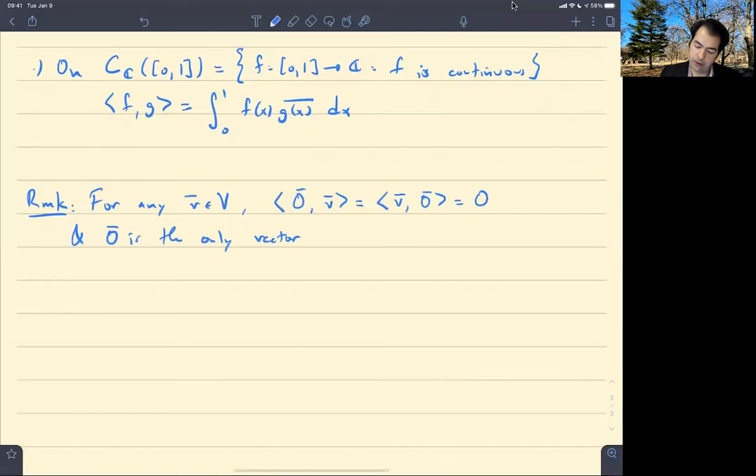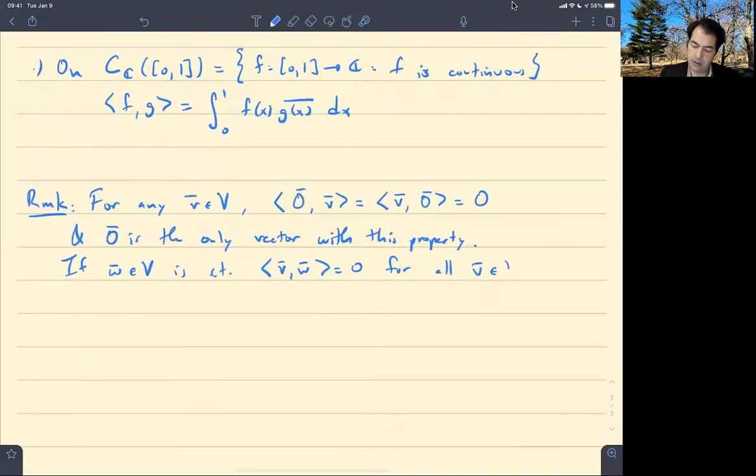So it's the only vector for which the inner product is always equal to 0. That's easy to see, because if w were a vector such that the inner product of v with w were equal to 0 for all v, then in particular, the inner product of w with w would be 0.